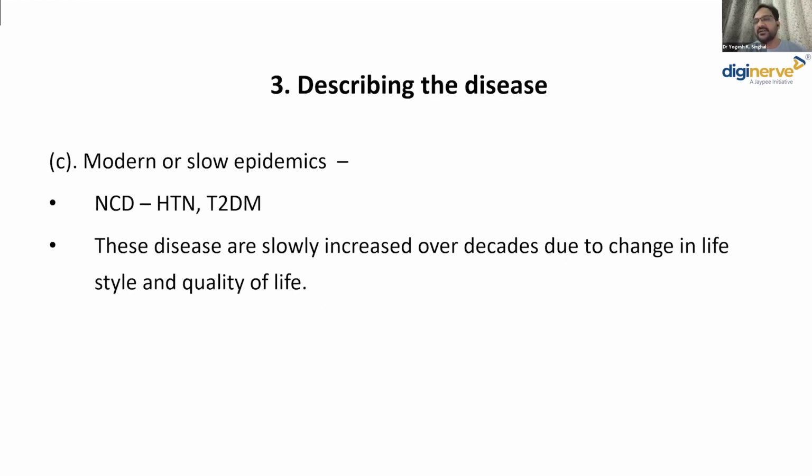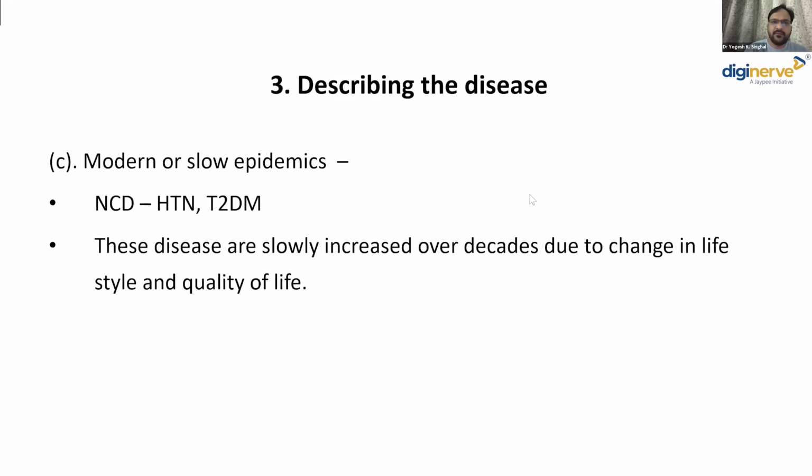Nowadays, hypertension comes at the age of 30. Diabetes comes at the age of 30. Previously, it was coming at the age of 60. So cases of diabetes and hypertension are increasing day by day, but not rapidly, gradually. So it is called a slow epidemic. Okay. And it depends upon lifestyle and changes in lifestyle.